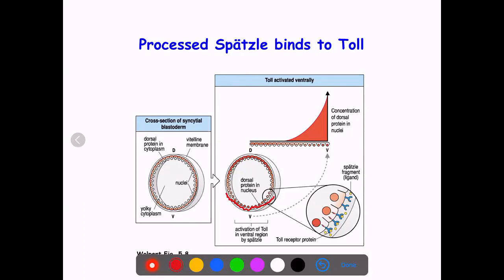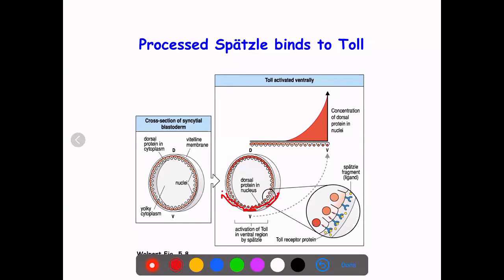Let me say it again. Especially on the ventral side, mostly in the center is high. As they go laterally, it's a lower amount. So the Toll receptor is receiving this sparsely, and the amount of signal also forms this kind of gradient. So the proteins that go into the nucleus will have the same kind of gradient. So lateral cells have less Dorsal protein going in, or no Dorsal protein going in.